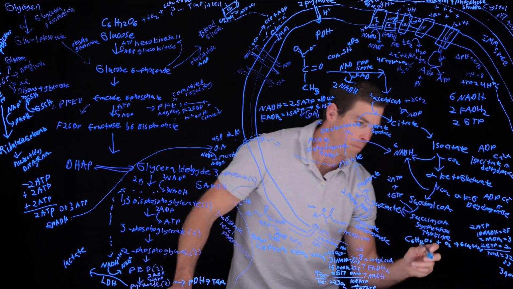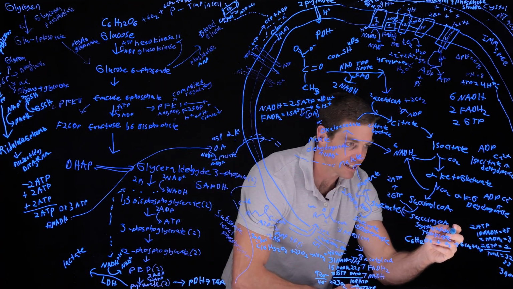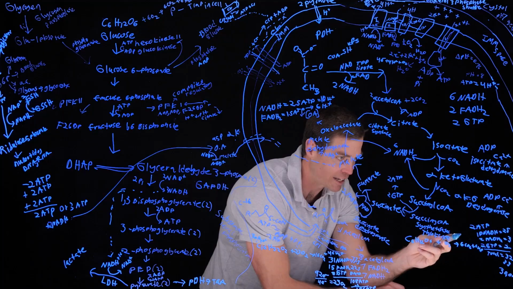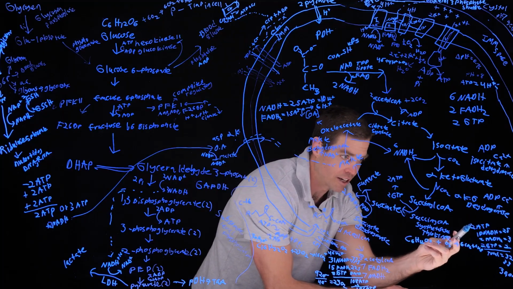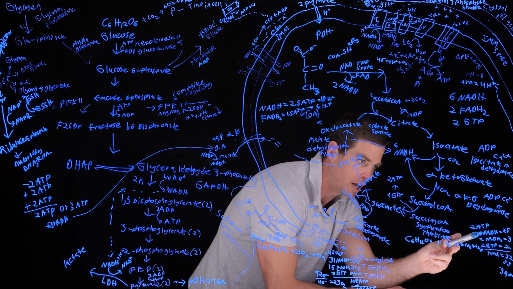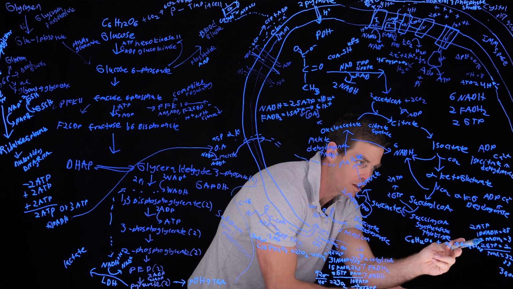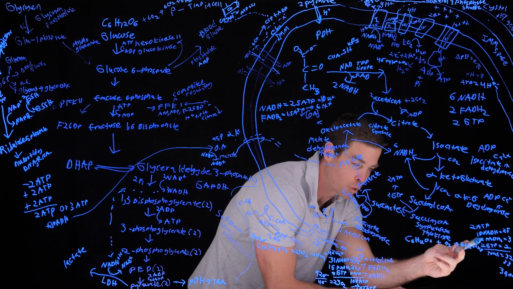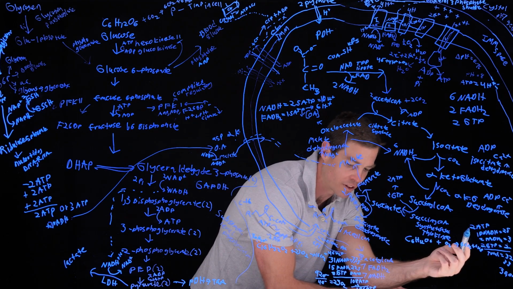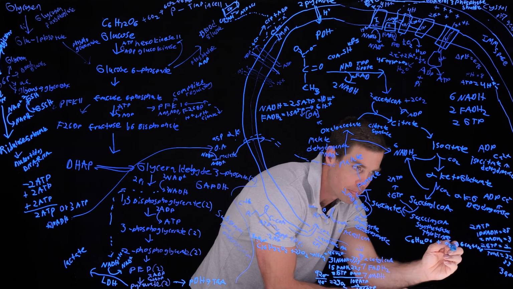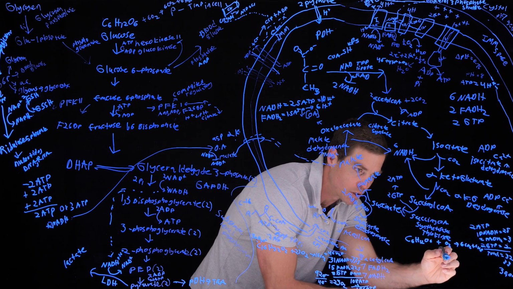So we do the same thing. We add up how many NADHs and FADHs we have in total right here. So we just barely did 10, so 11, 12. So we have 12 NADHs right there. And then 12 times 2 would be 24 electrons.